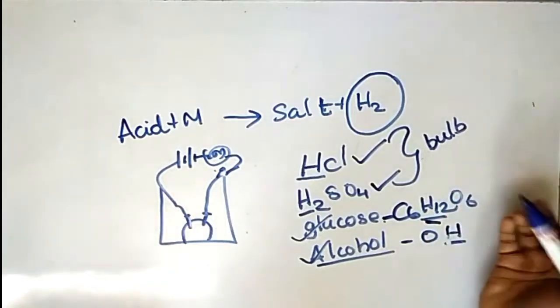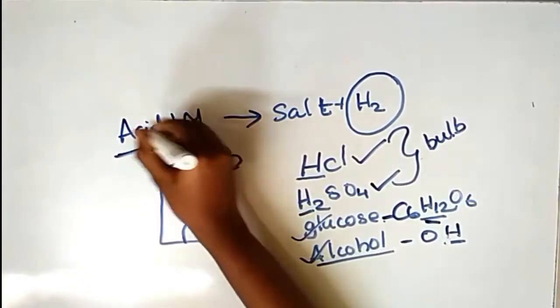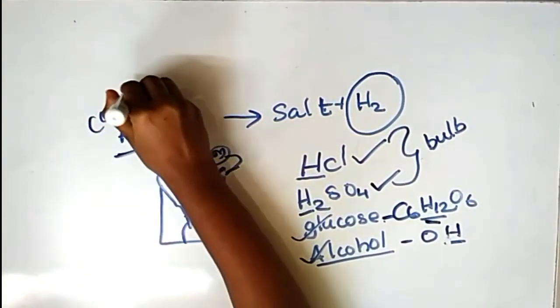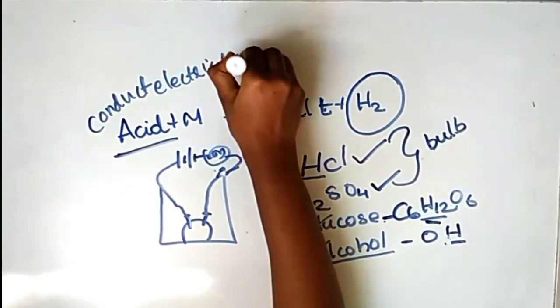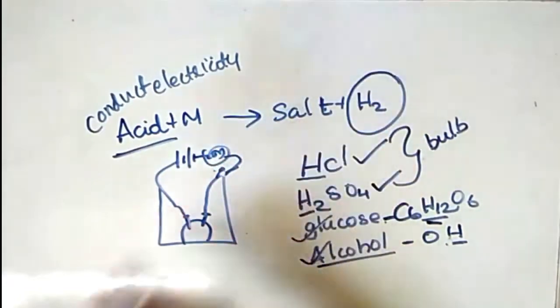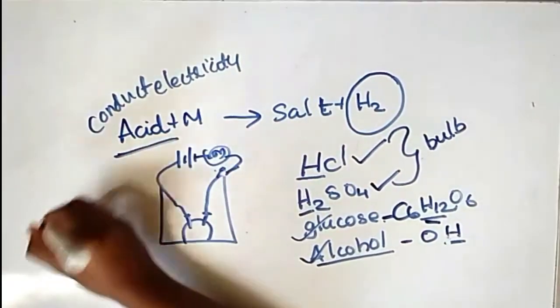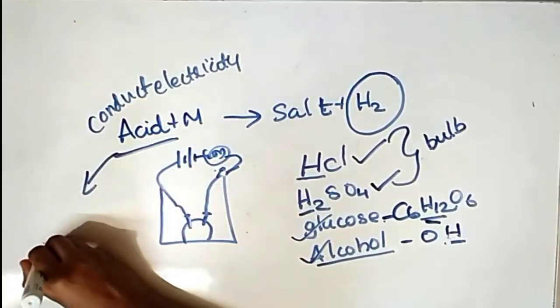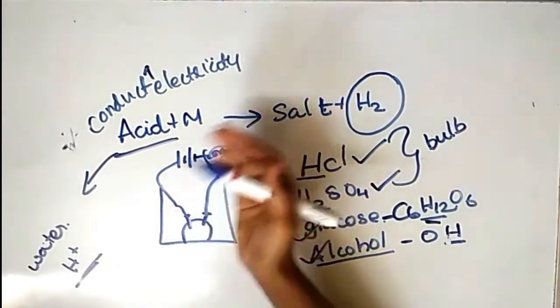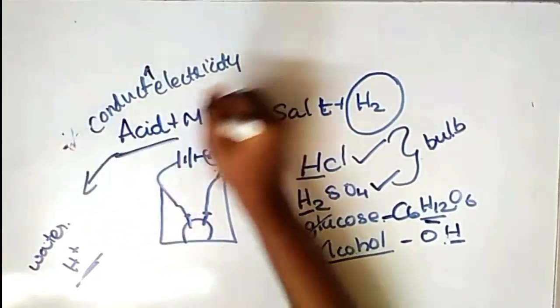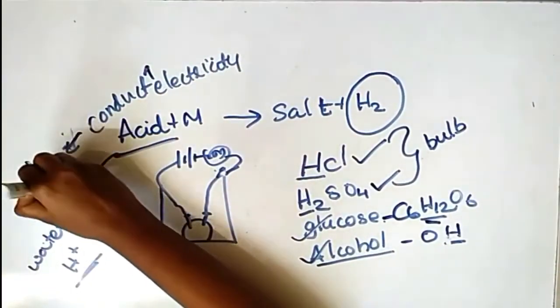We already studied that acids are substances that conduct electricity. When an acid is mixed with water, it releases H plus ions, and we all know that the conduction of electricity is due to the flow of ions.